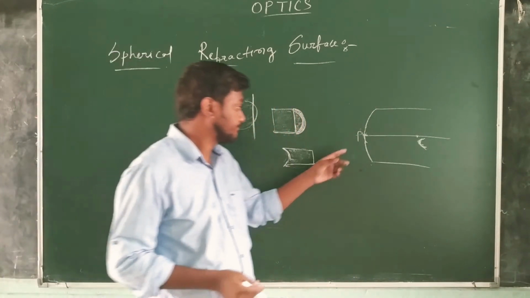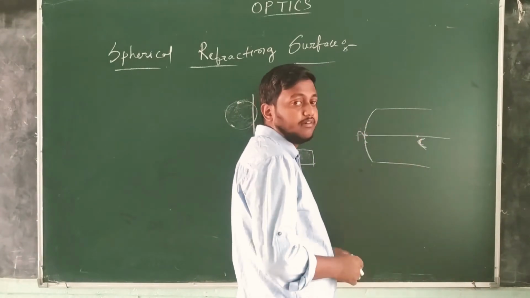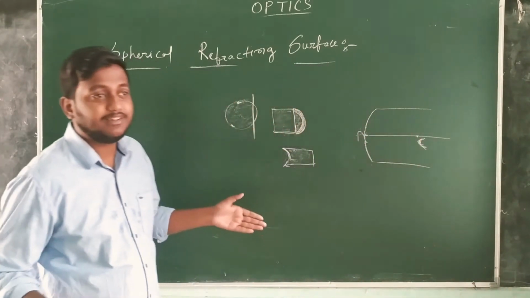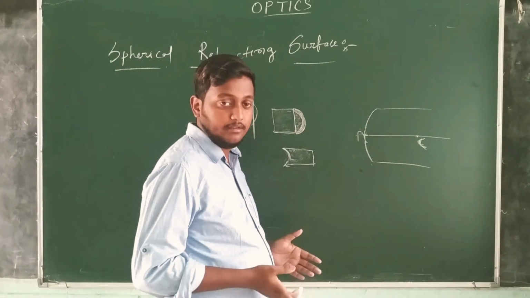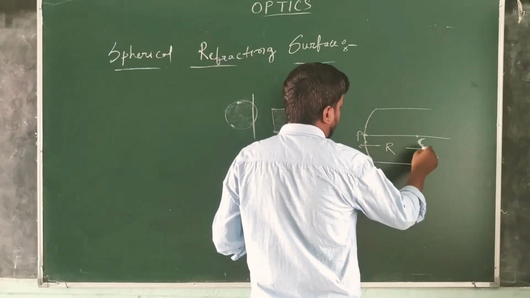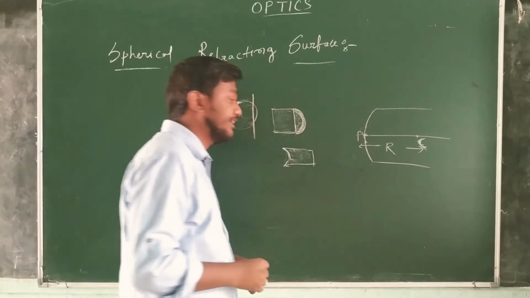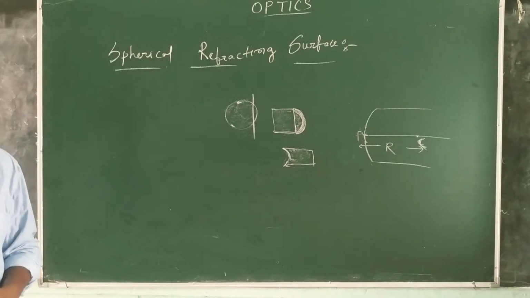And the distance between the pole and the center of curvature, that means the radius of the sphere from which this spherical refracting surface is made, that radius, denoted by R, is known as the radius of curvature.